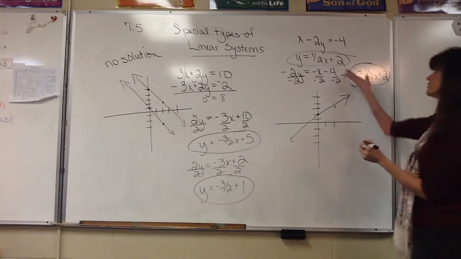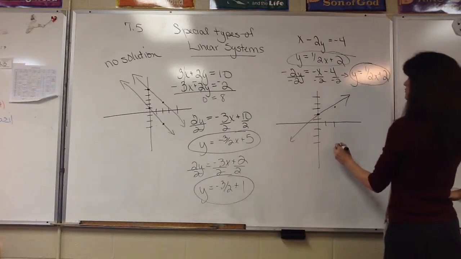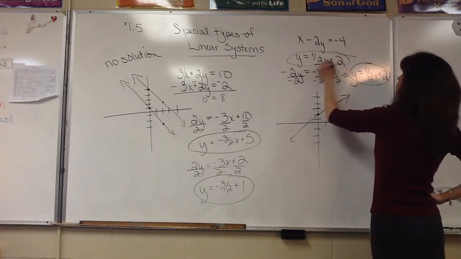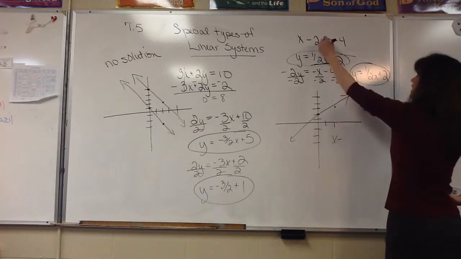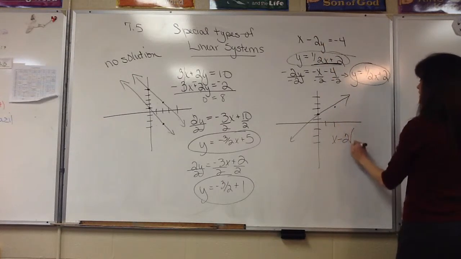Also, let's look and try to solve this by substitution. We see here y is equal to 1/2 x plus 2, so we're just going to sub it in for this y value here. Negative 2 times 1/2 x plus 2 equals negative 4.